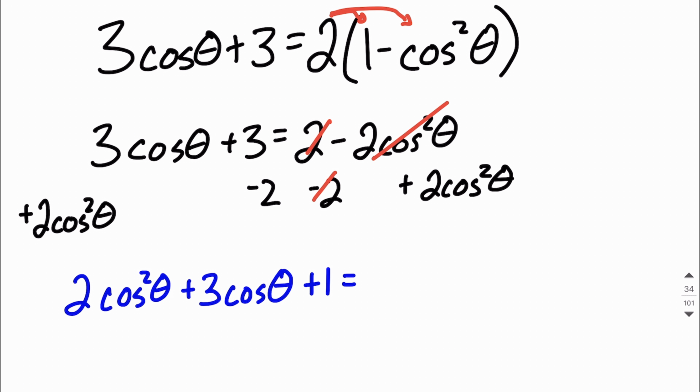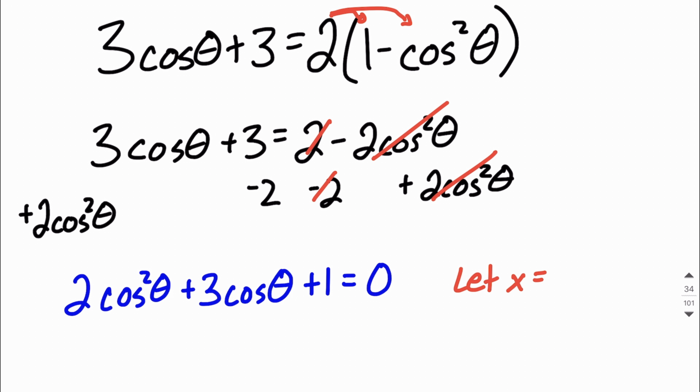Negative 2 cosine squared plus 2 cosine squared is all going to result in 0 on the right-hand side. All right, well, at this point, we have an equation of the quadratic type, meaning the first term, our cosine squared, is double the exponent of our middle term.